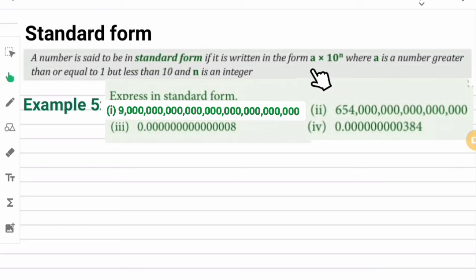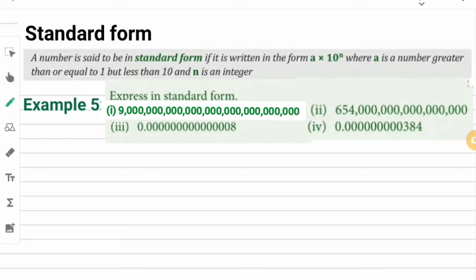Okay, children? The first example itself is easy to understand the concept well. Now, in the first subdivision, you may see this many numbers. Is it possible to write these numbers again and again in the sums? No. So that is why I am introducing standard form.